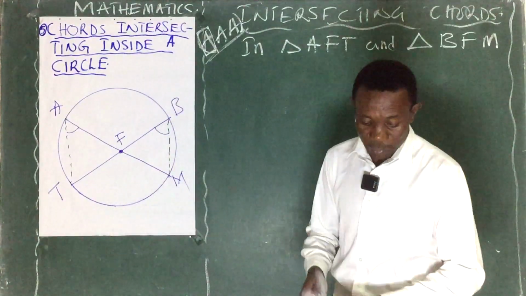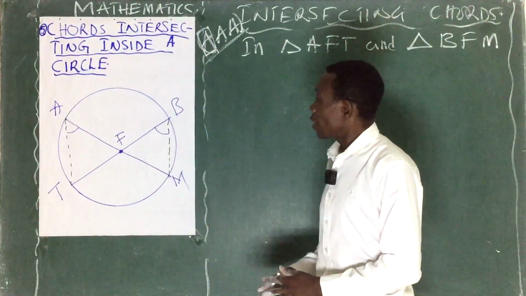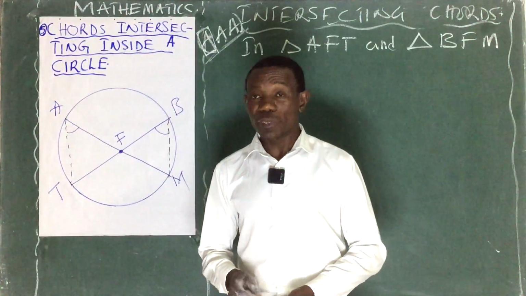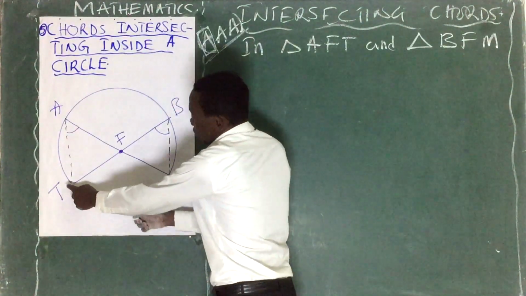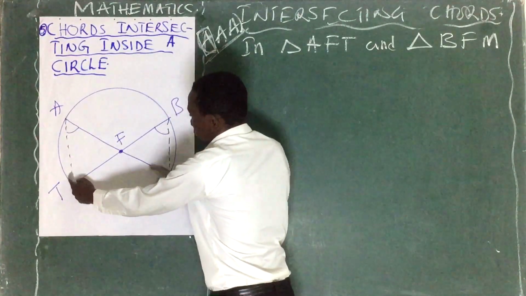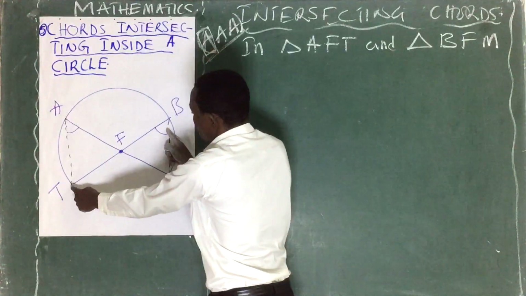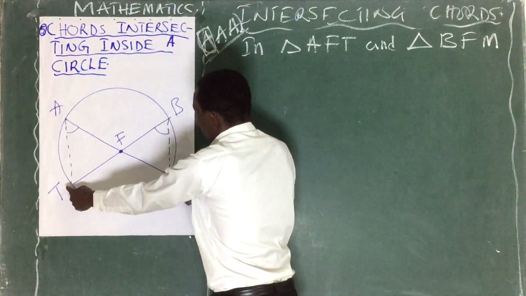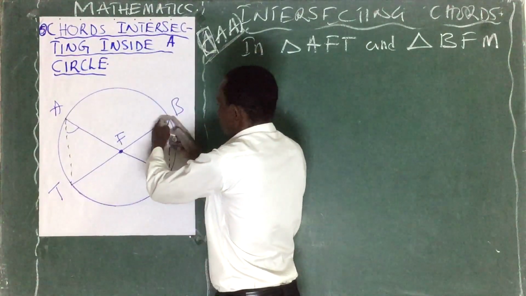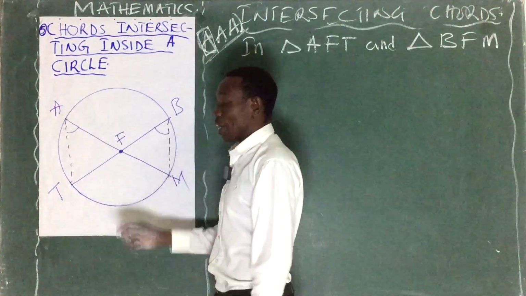The reason is highlighted from the first property we discussed about angle properties of the circle. You will appreciate that angle A at A is subtended by arc TM, and angle B at B is subtended by the same arc TM. So angle A and angle B are subtended by the same arc, so these two angles are equal.